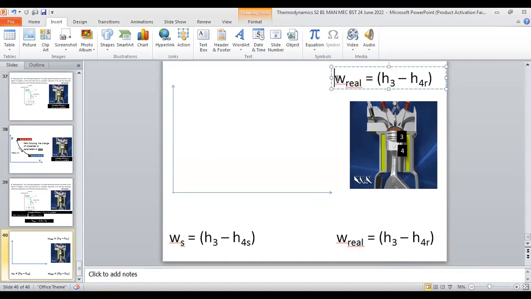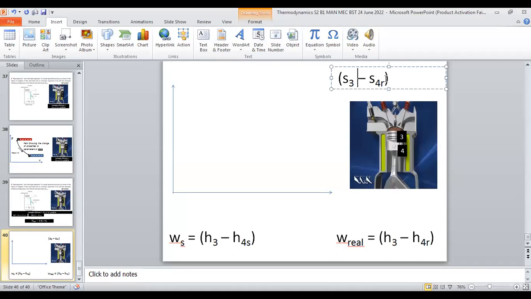Generally for work done in expansion, if you take S3 and S4, S3, let's say the smaller value specific per kg, and your S4 is for real, okay?